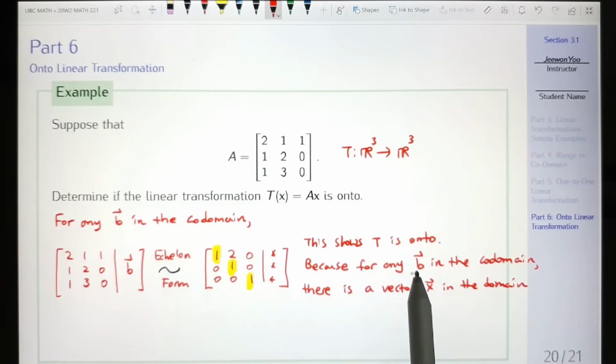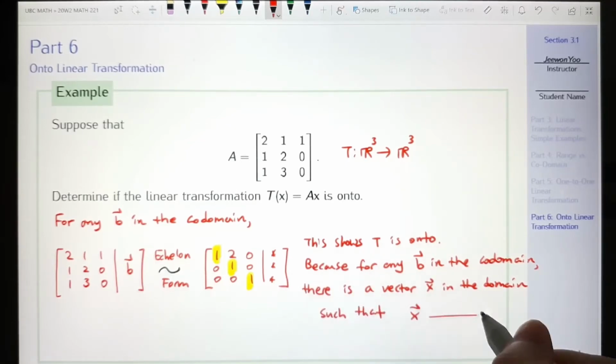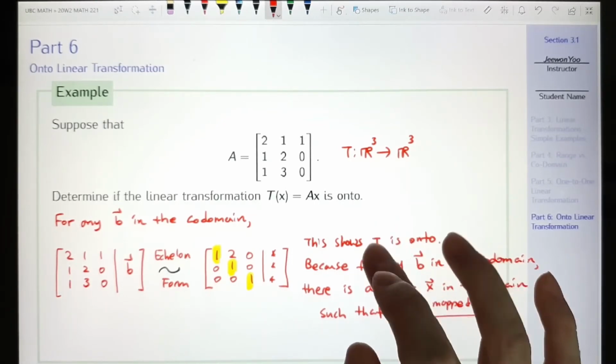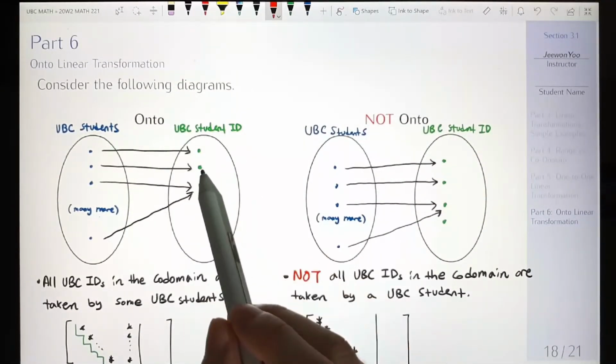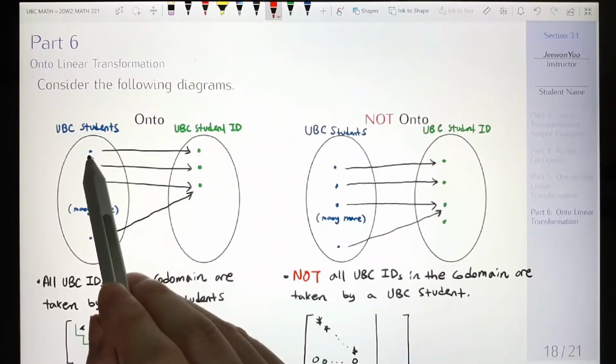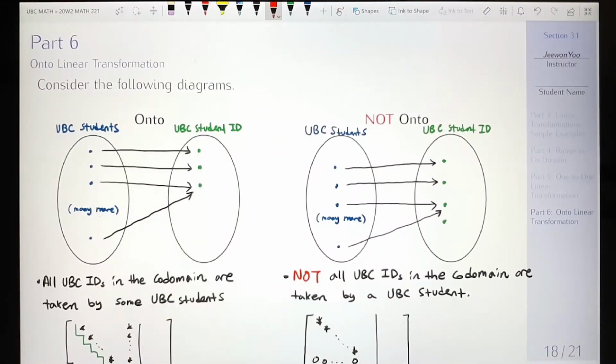Because for any B in the codomain, you can always find an element in the domain that is mapped to it. For instance, for every student, you can always find a particular ID that the student is mapped to.